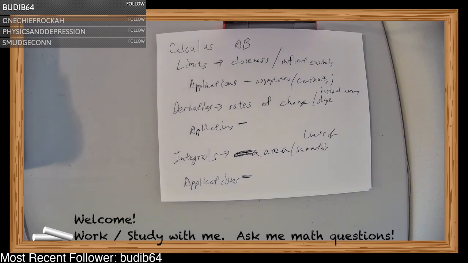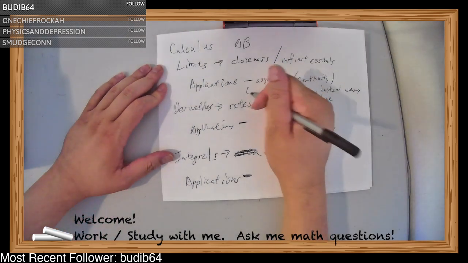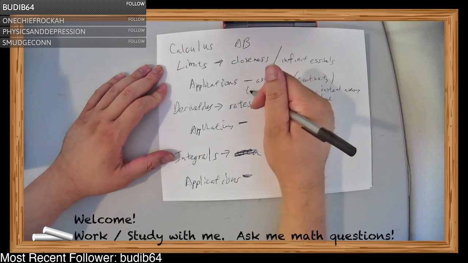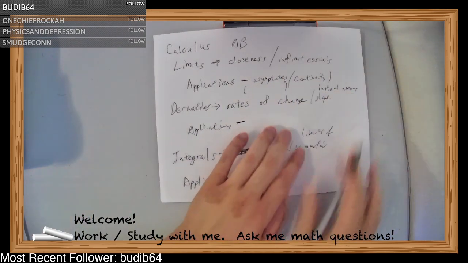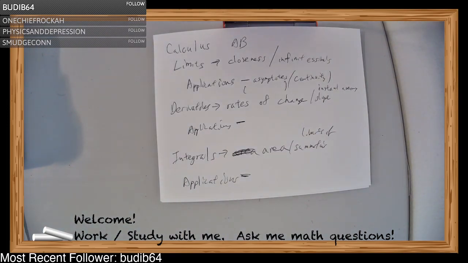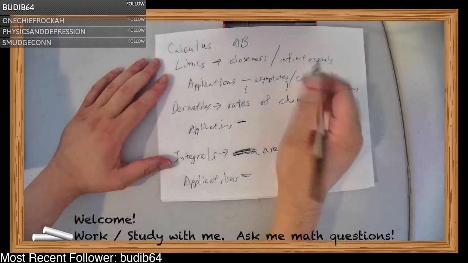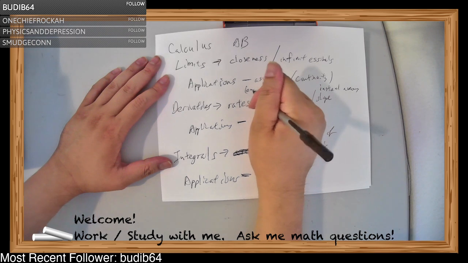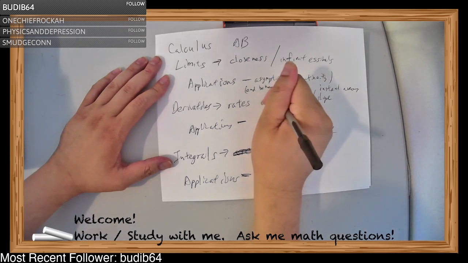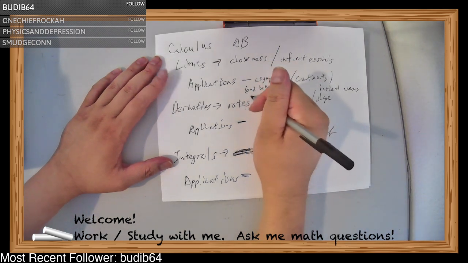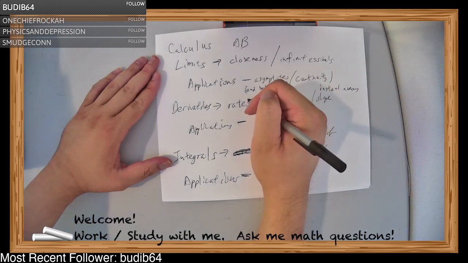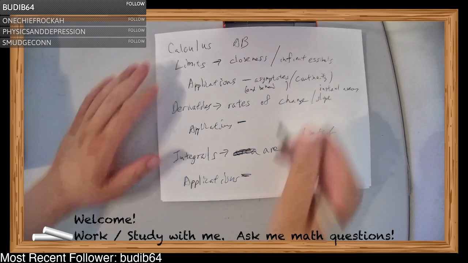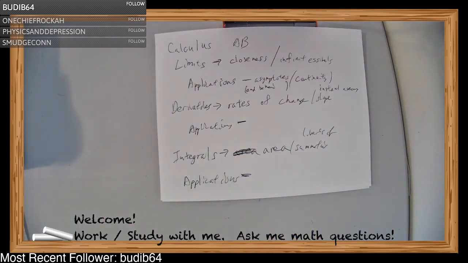So this would be like a web. Asymptotes have to do with end behavior. And, what do you call it? I'm not thinking today.